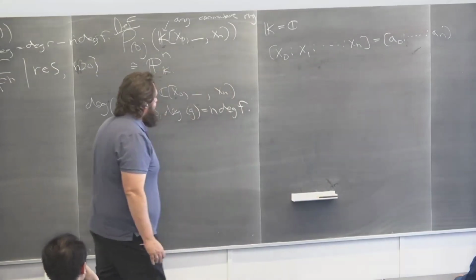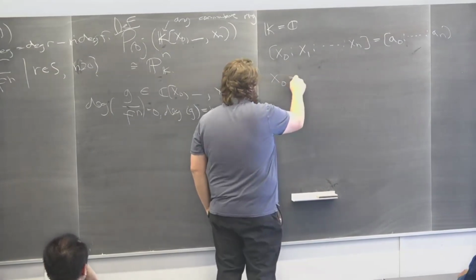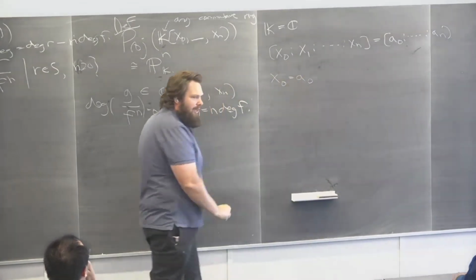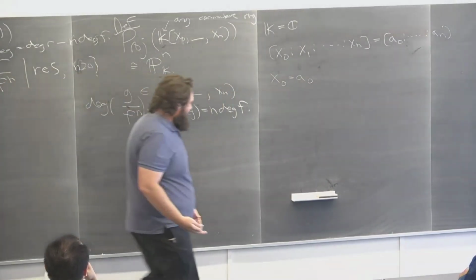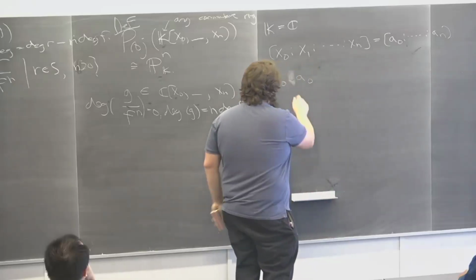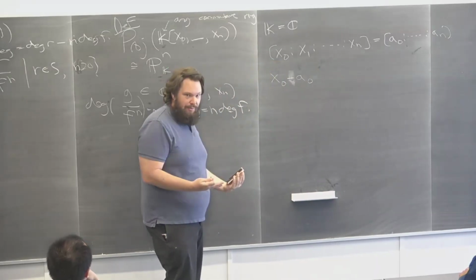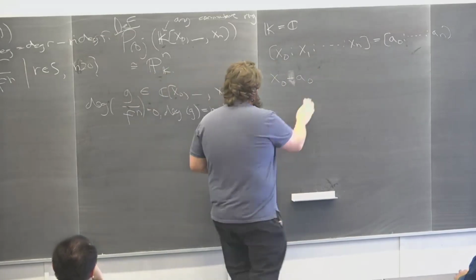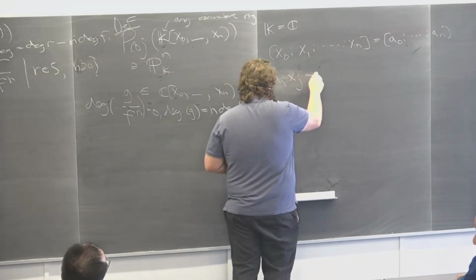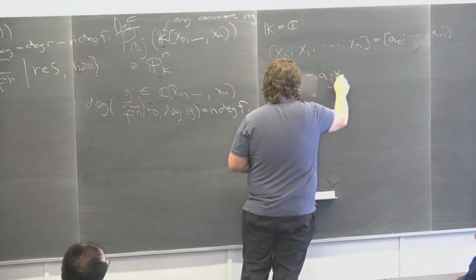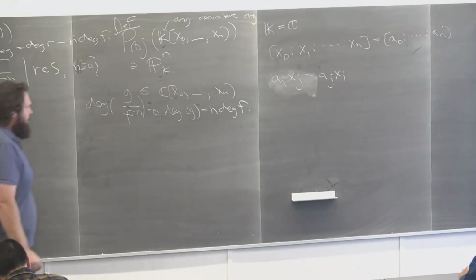So what does this tell us? It wouldn't make sense to look at the element x0 and say that's equal to a0. I know that x0 isn't a function. I can't assign it to have a value. And exactly the reason that doesn't work is x0 minus a0 isn't a homogeneous element of the polynomial ring. So I can't use that guy, but I can use ai xj minus aj xi. This is homogeneous of degree 1.